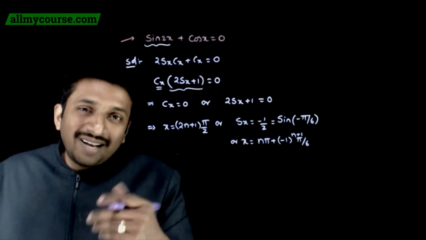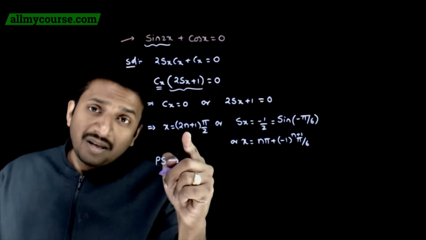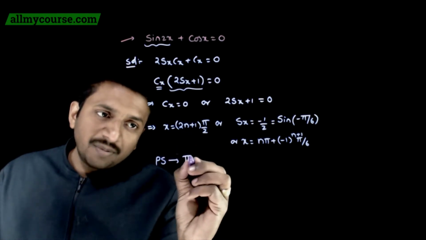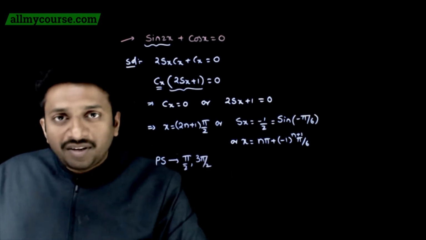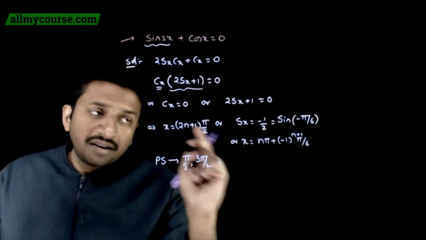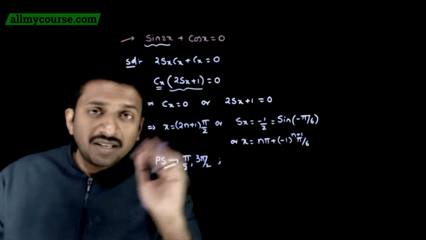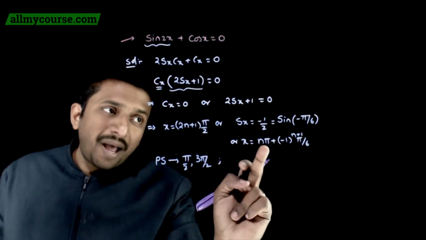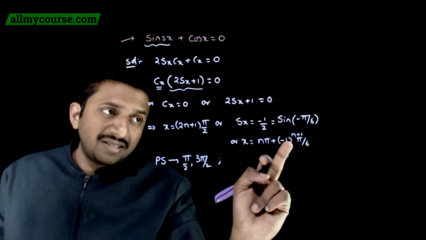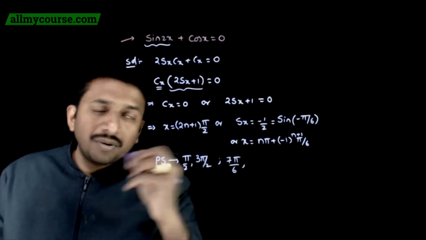If you're asked to find the number of principal solutions, you have pi by 2 and 3 pi by 2 as the principal solutions here. And here, if you put n is equal to 0, you get minus pi by 6, which cannot be considered. Start with n is equal to 1. So you have pi plus pi by 6, that is 7 pi by 6, which is okay.